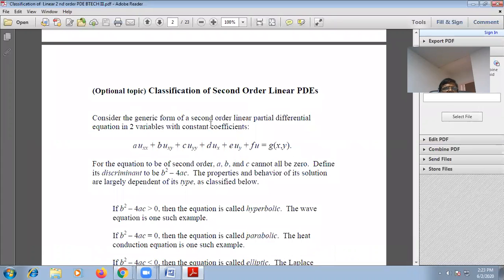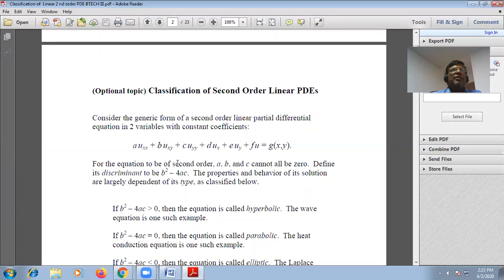Let us consider the generic form of a second order linear partial differential equation in two variables with constant coefficients as a uxx plus b uxy plus c uyy plus d ux plus e uy plus f u is equal to g(x,y).